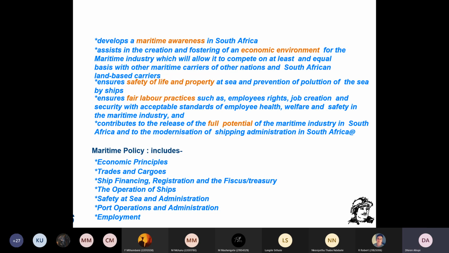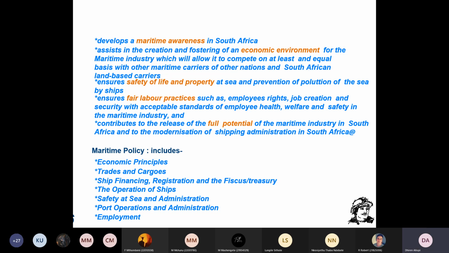And recently I've noticed that the National Department of Transport has made funds available to carry out projects, to carry out research in maritime. So they're now focusing quite a lot on maritime. So economic development of maritime, safety of maritime, and trying to realize the full potential of your maritime industry. You will see that's covered under maritime.